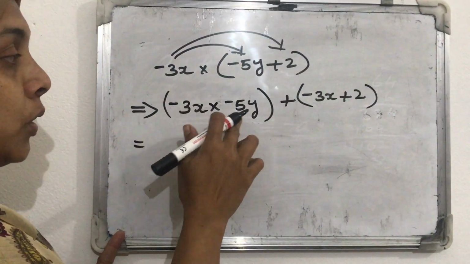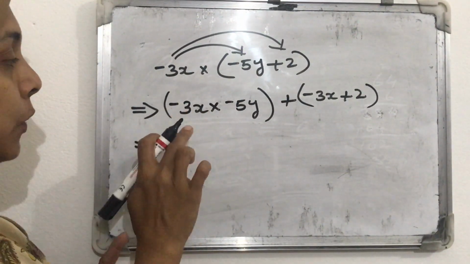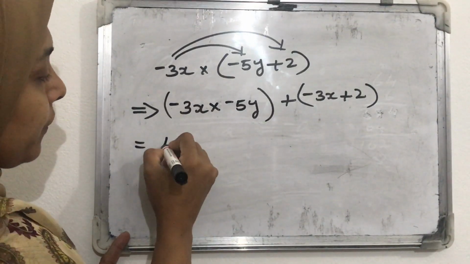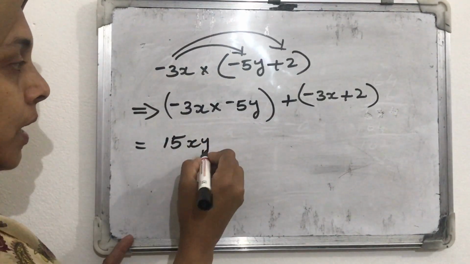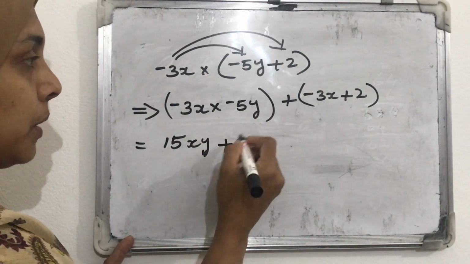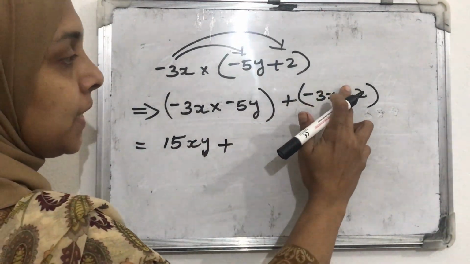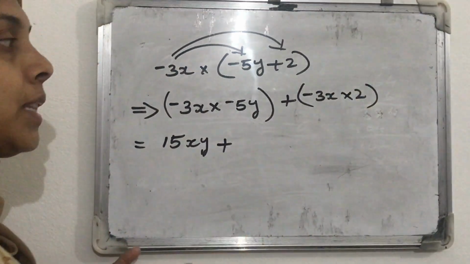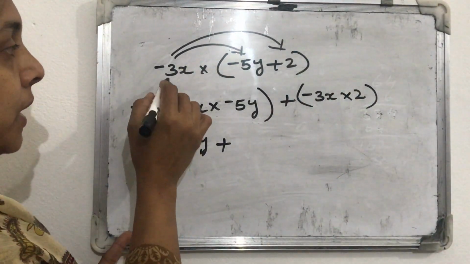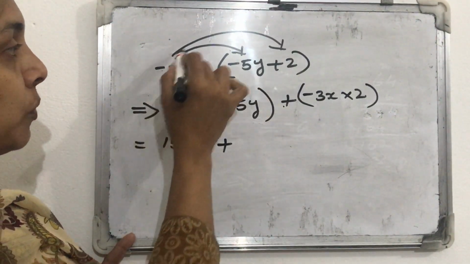So minus 3x into minus 5, both are negative, so the product will be positive. Then 3 into 5, 15. Then the variables are x, y. Then minus 3x we are multiplying with 2.